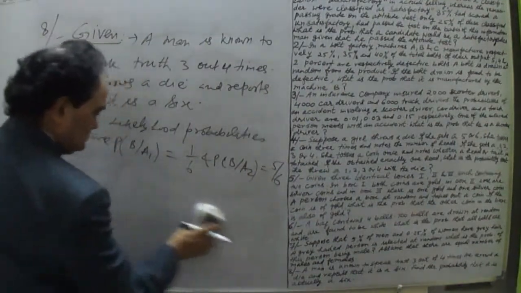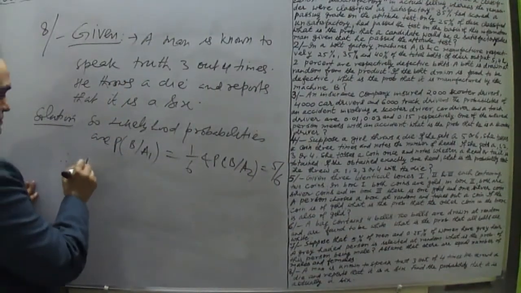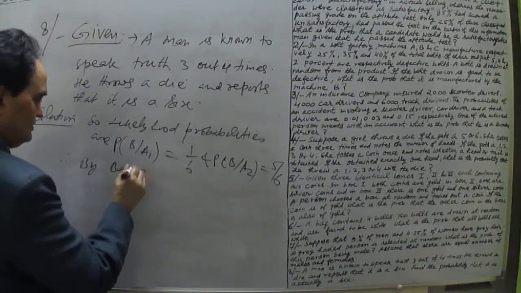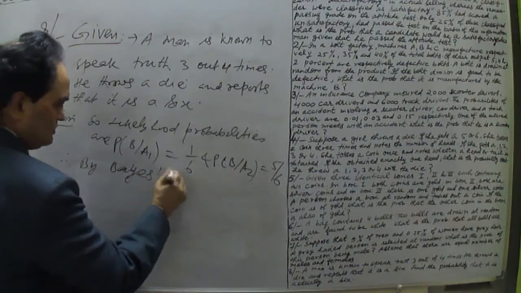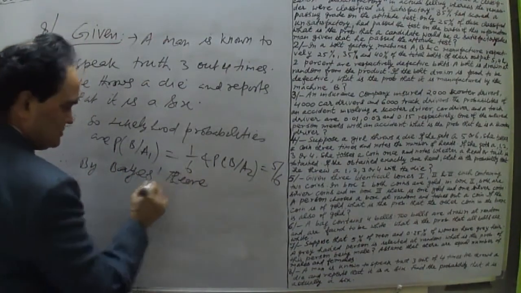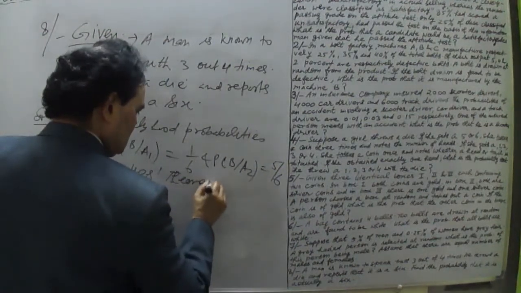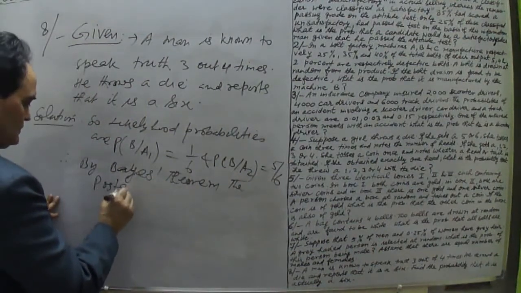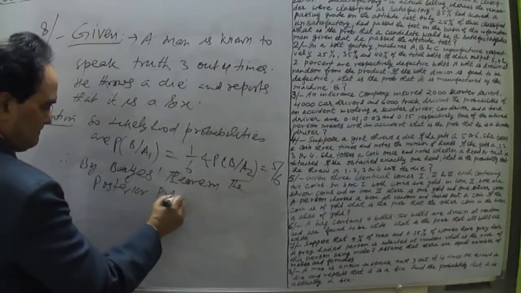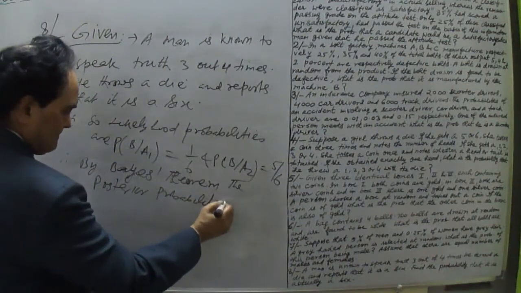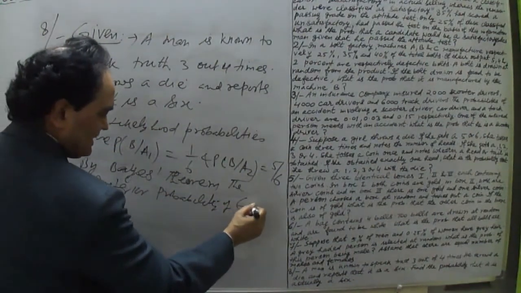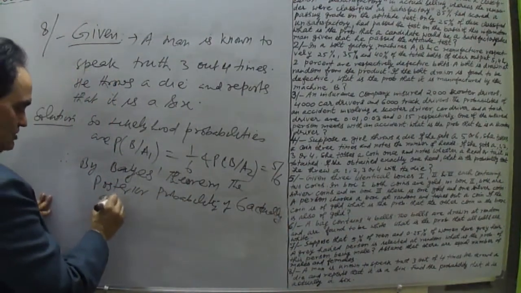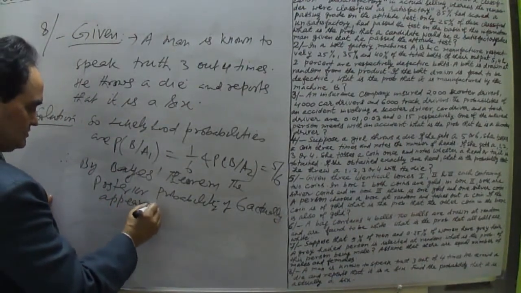So let me now take, therefore, by Bayes' theorem, the posterior probability of 6 actually appearing or occurring, which means he is telling the truth.